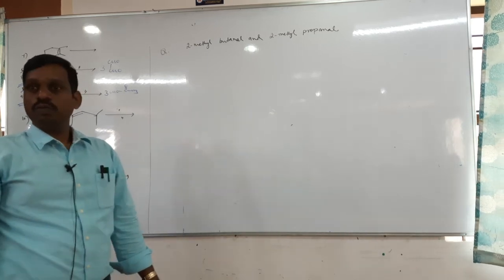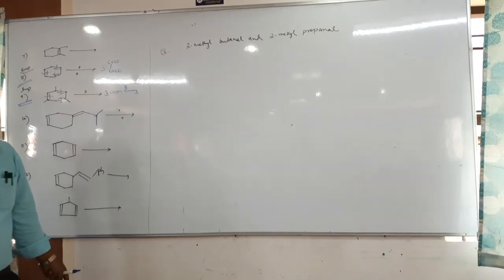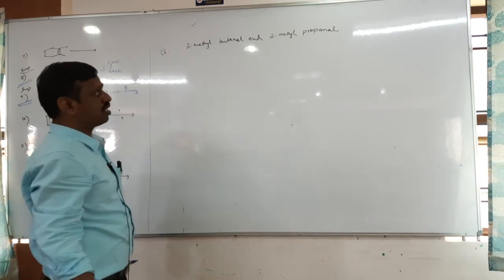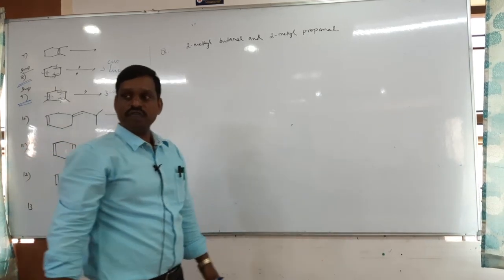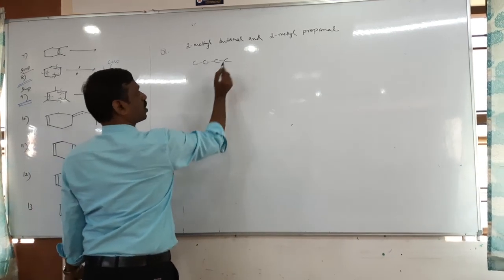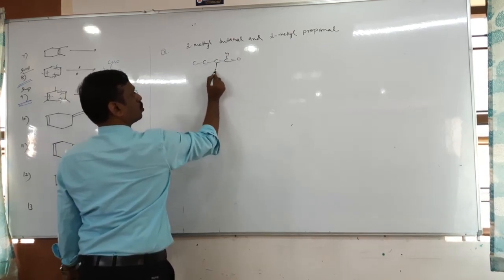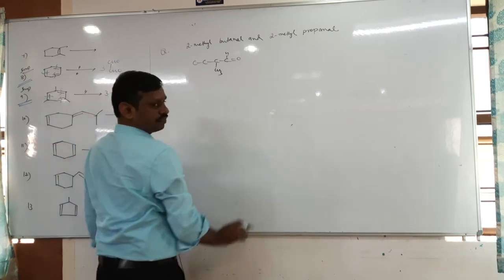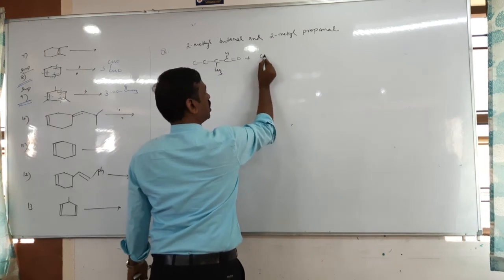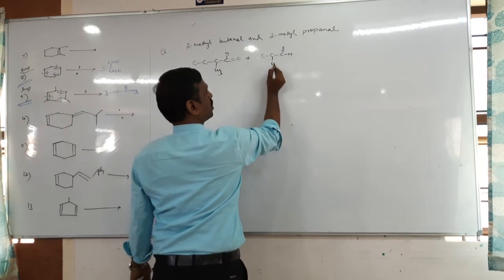What is the position of double bond, or what is the IUPAC name of the alkene? The IUPAC name gives nothing but the position of double bond. So tell me, what is the position of double bond or IUPAC name of alkene? First write 2-methyl butanal. Butane is 4 carbon, 1, 2, 2-methyl. Next, one more is 2-methyl propanal. Propane is how many carbon? 3 carbon, 1 2-methyl propanal.